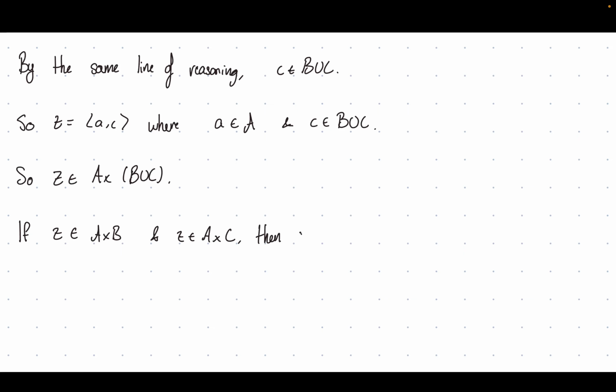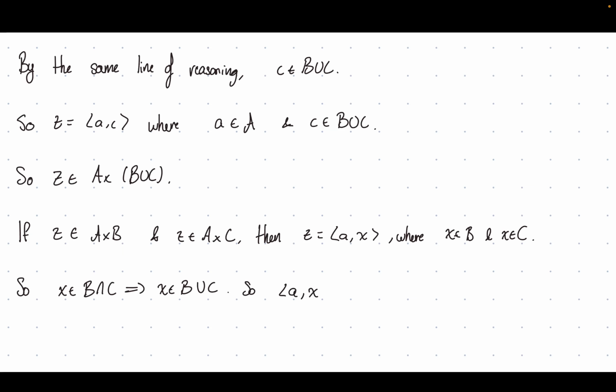Then Z is equal to A comma X, where X is in B and X is in C. So X is in B intersect C, which implies that X is in B union C. So Z is in A cross B union C. There you go. Same case, same rules apply.